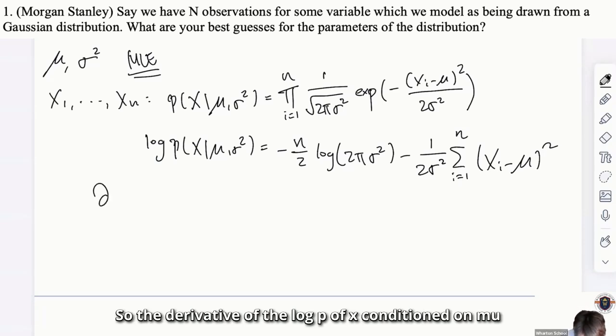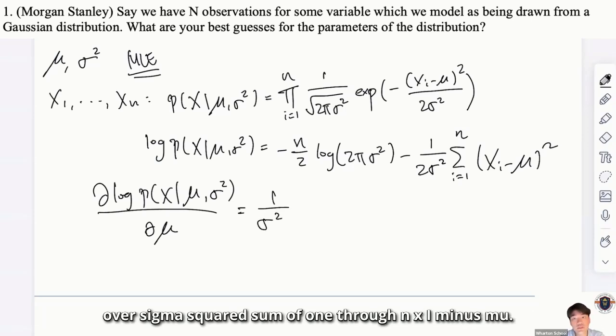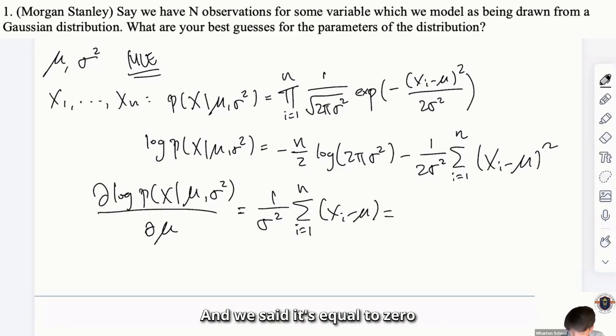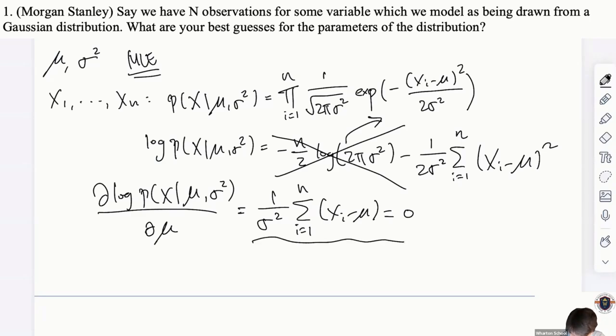The derivative of log p of x conditioned on mu and sigma squared with respect to mu is just 1 over sigma squared, sum from 1 through n of (xi minus mu), and we set it equal to 0. The first part doesn't have mu, so it just goes away, right? So this is a simple mean.